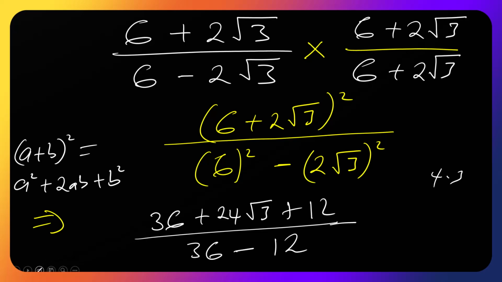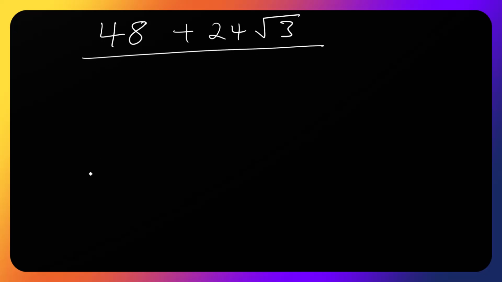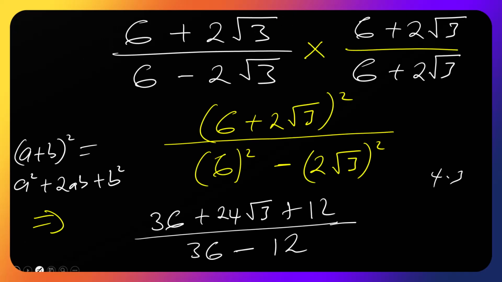So from here, 36 plus 12 will be 48. 48 plus 24 root 3.